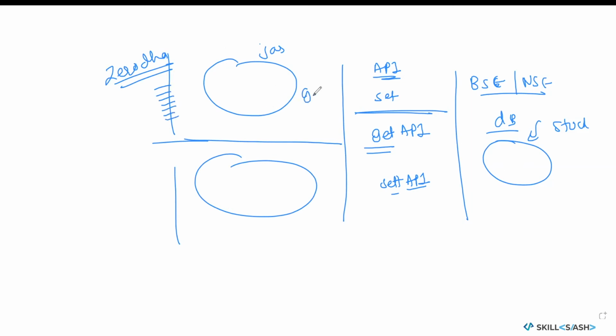They will use this jar directly in their project. They will call this method, which will inherently call the API, and the API will fetch the data. That's it. Now Zerodha will not be able to set the data of that stock price.